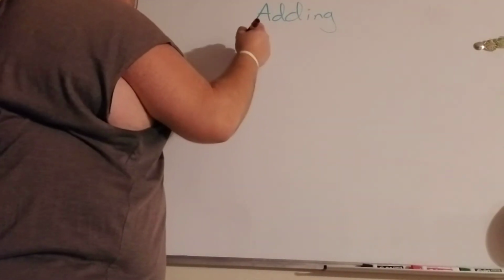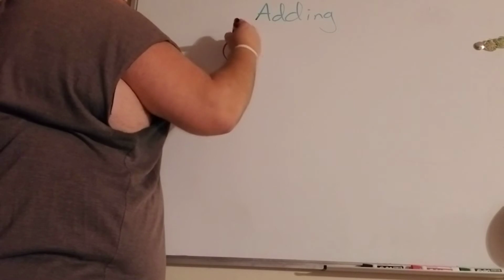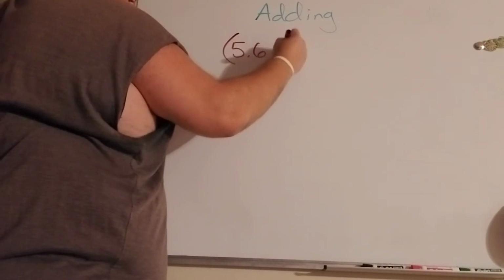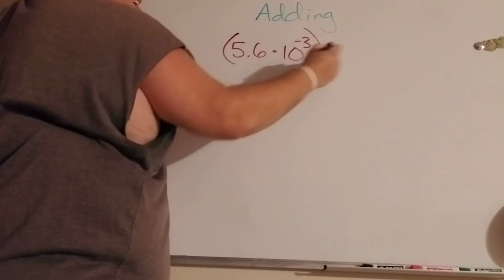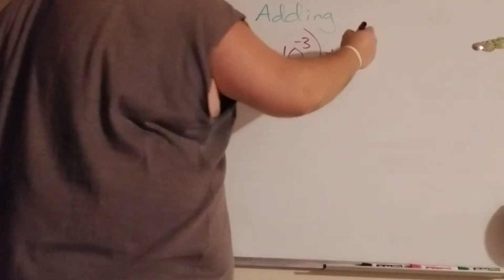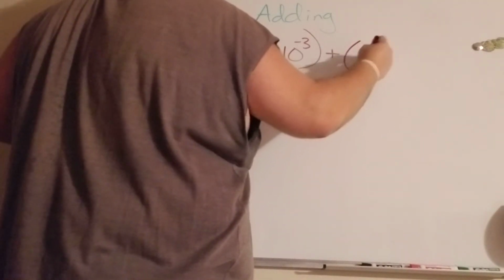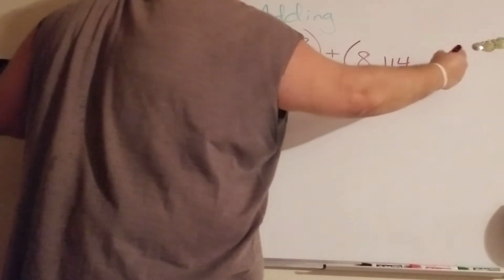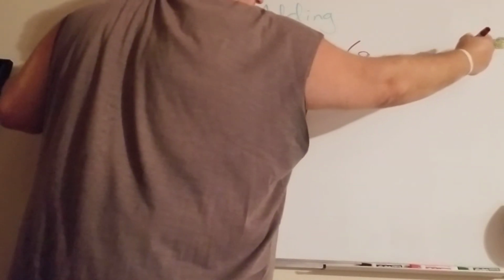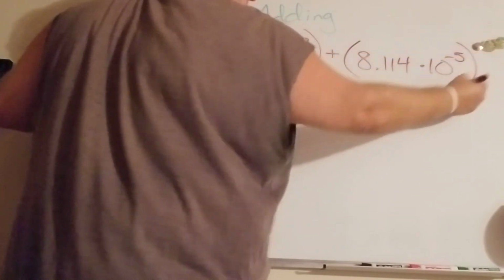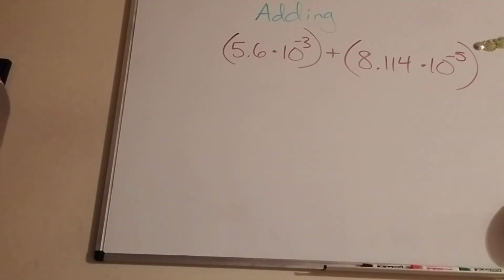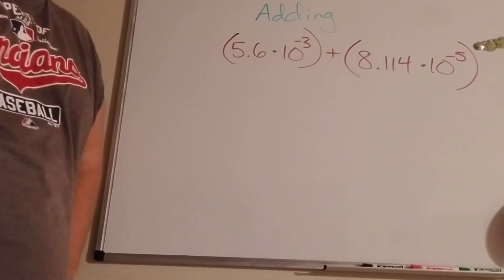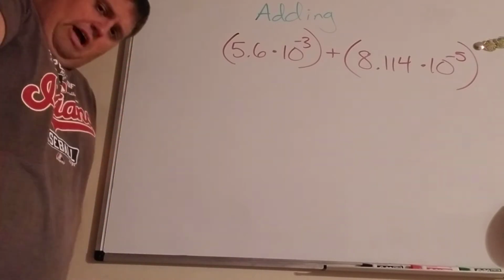All right, let's do 5.6 times 10 to the negative third plus 8.114 times 10 to the negative fifth. All right, same idea, right?